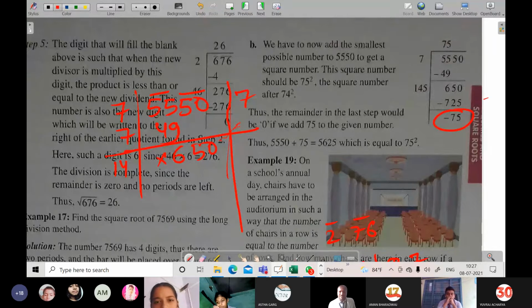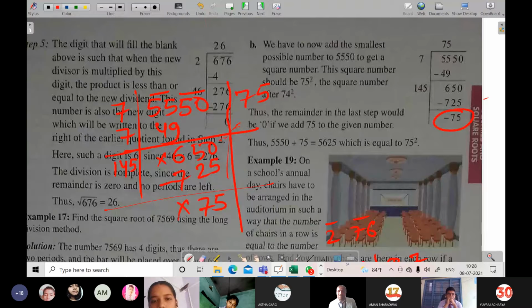Like 7 5 are 35. Okay, 5 we will keep that. 5 5 are 25, carry 2. And then after 5 4 are 20 and 2 is 22. Carry 2, 5 1 are 5 and 2 is 7. Now when we will subtract, of course minus is bigger. So from 725, 650 will be subtracted. That means 5 minus 0 is 5. Now 12 minus 5 is 7 and 6 6 got cancelled.